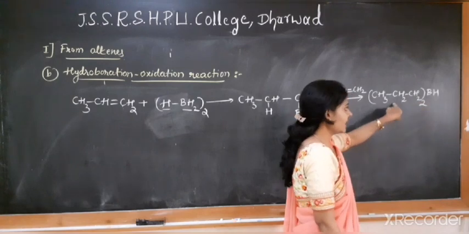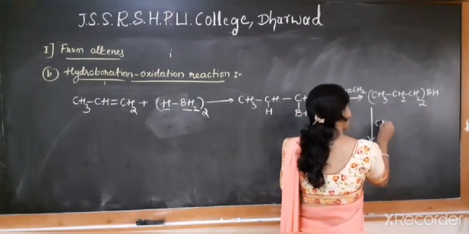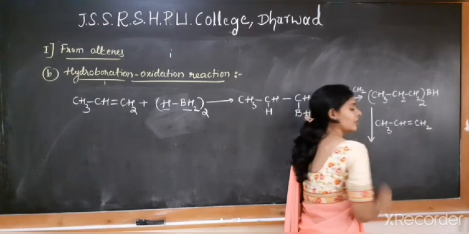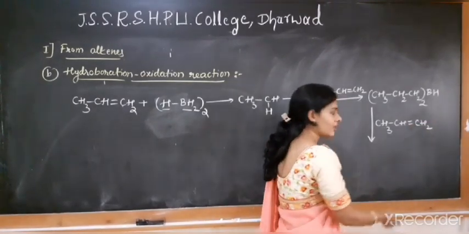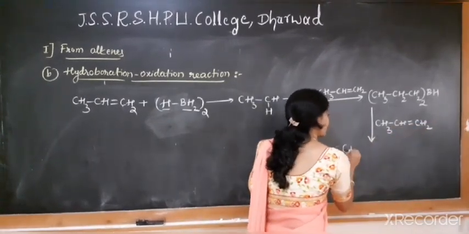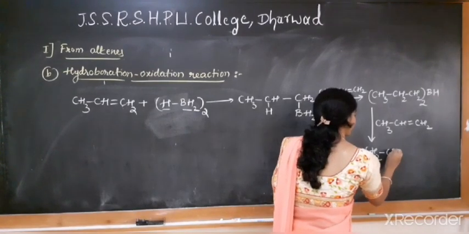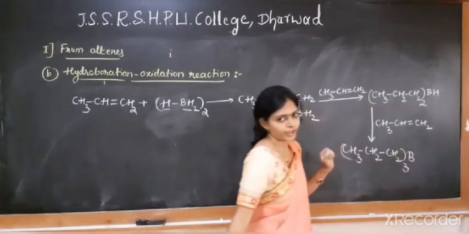This is dipropyl borane. Further it is treated with another molecule of propene, so one more hydrogen is now replaced. It is going to attack here. So there is a formation of trialkyl borane.